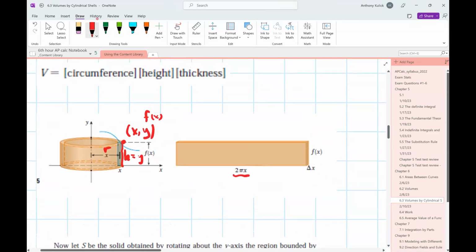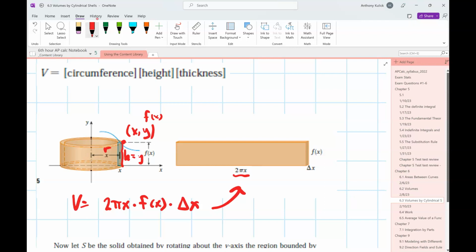So what we can say here is that we have 2 pi x times f of x times delta x, and that'll be the volume for our shell.